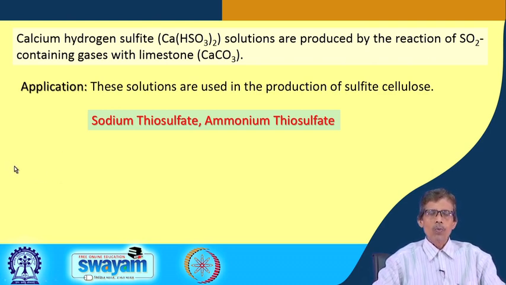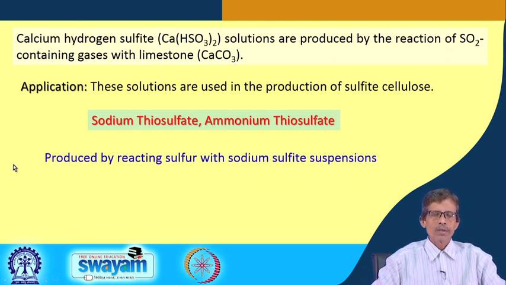So, several tons of all these are annually produced by these inorganic chemistry industries. How do they produce? They simply produce by reacting sulfur. So, again we consume elemental sulfur, what we get from the natural sources. So, the natural sources of sulfur are still very useful for making not only sulfuric acid, but for different other types of compounds which are industrially important. One such example is for making sodium thiosulfate.